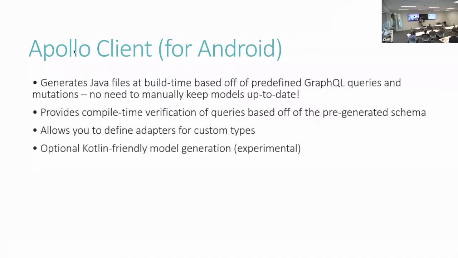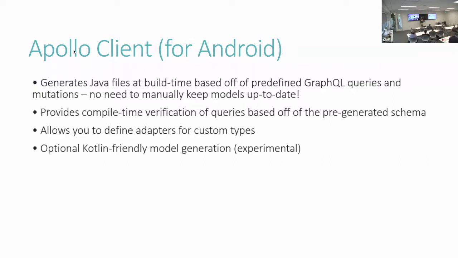One thing they just barely added in the last release: when they first wrote Apollo Client, it was kind of more Java focused, and you could use it with Kotlin, but it was a little bit clunky. But now they have experimental Kotlin friendly model generation, which is nice.